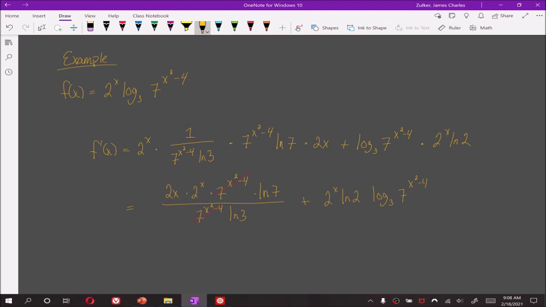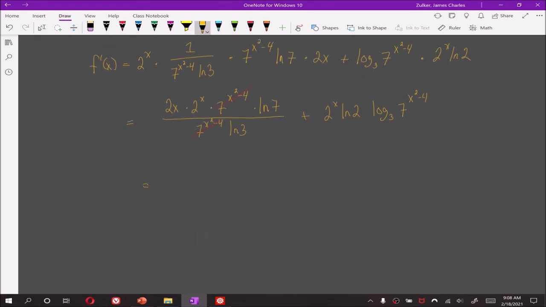We can also simplify this 2x times 2 to the x.